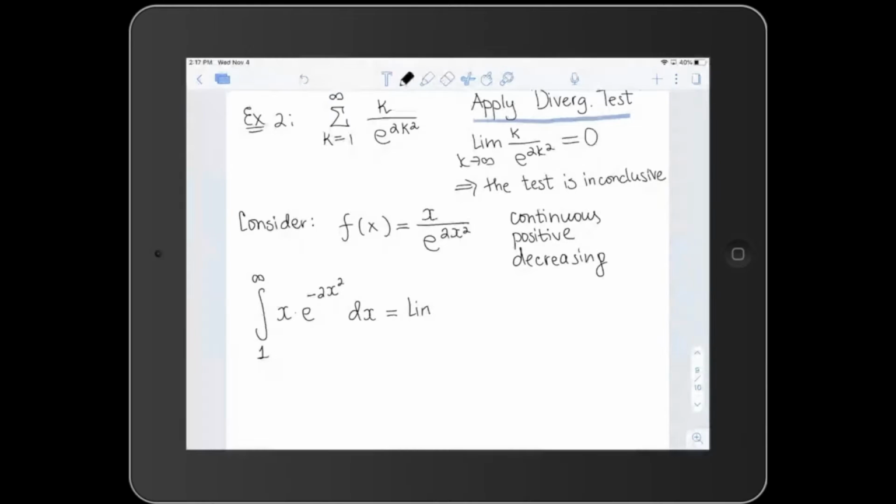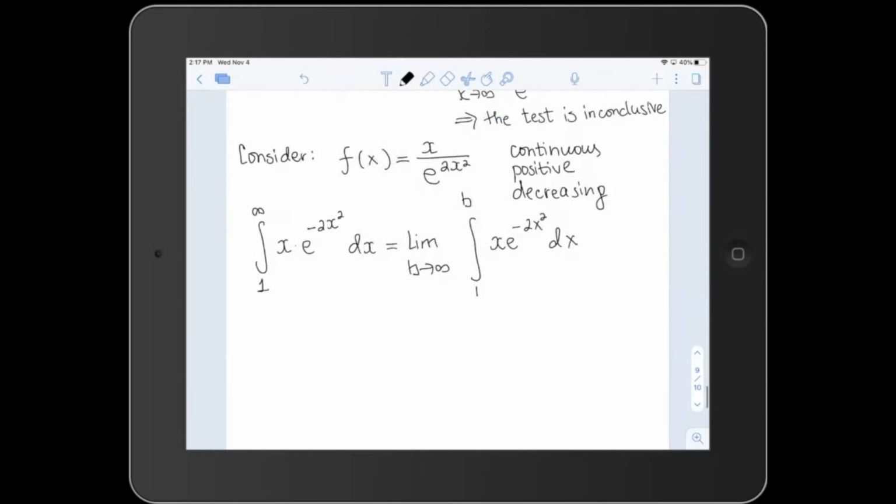So this is the limit as b goes to infinity of the integral from 1 to b, x e to the power negative 2x squared dx. And now this is a standard u substitution problem. You set up your negative 2x squared as your u, and you can see that you're going to get the following.